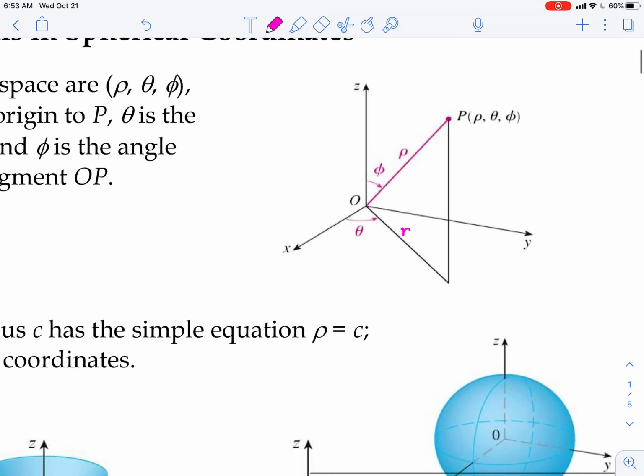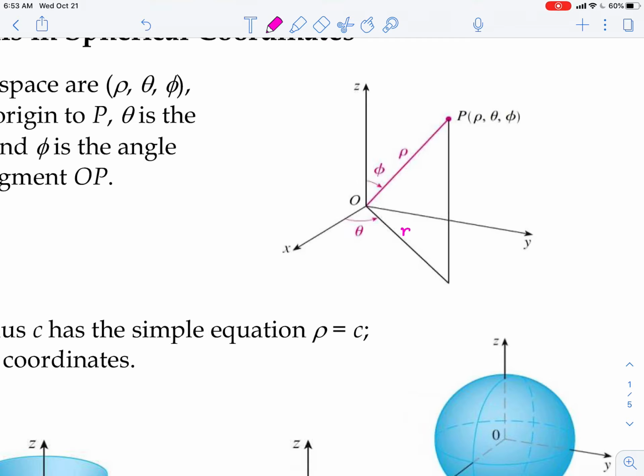So this line coming out from the origin is still our radius. But rho is just the projection of r up to wherever our two objects, the cone and the region, intersect.